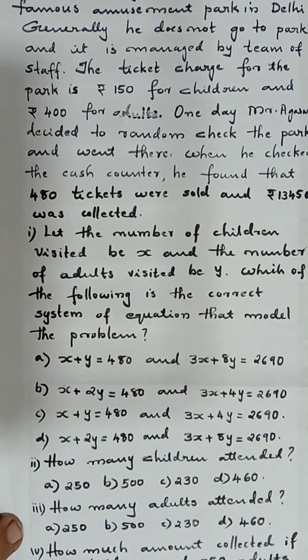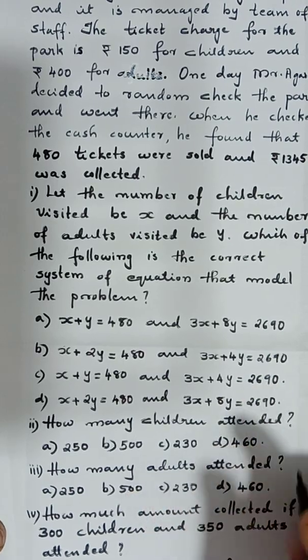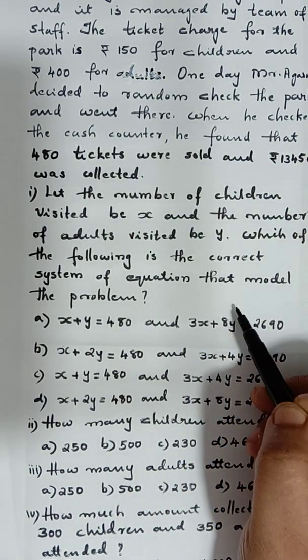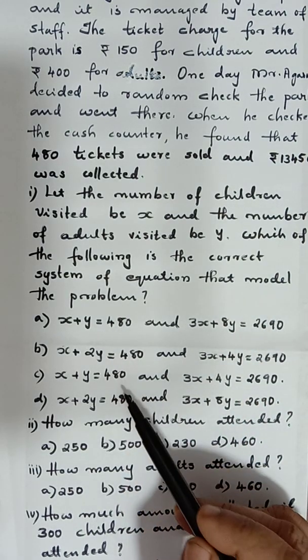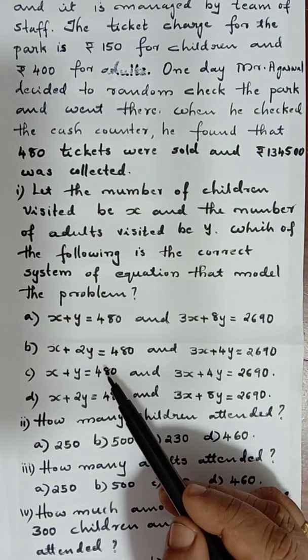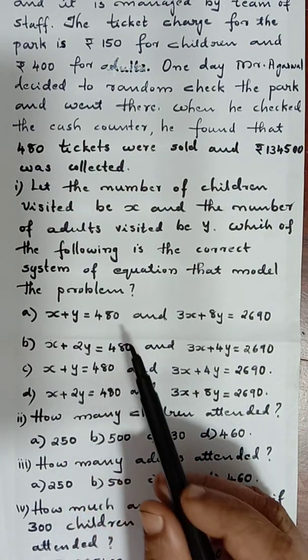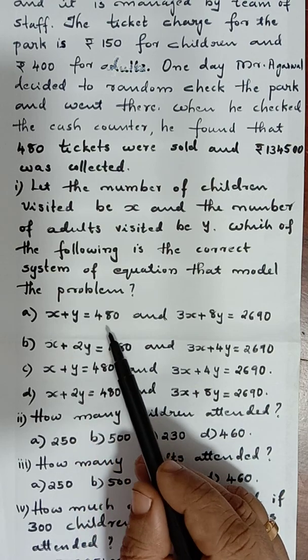So let us come back to the question. Which of the following is the correct system of equations that models the problem? Options A and C we have chosen already. X plus y is 480, according to number of adults as well as number of children together, it is 480.